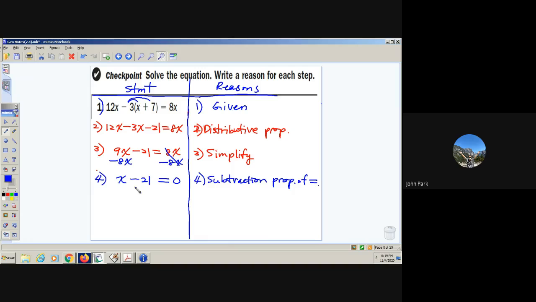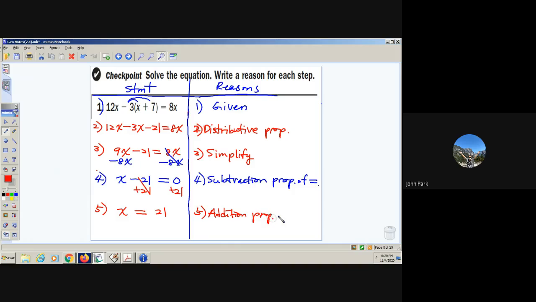So then the next step should be easier, right? So we add 21 to cancel that out on both sides. So now we're adding 21 to both sides. So then we get x equals 21. That's our solution. So we got to the solution to the end by adding 21 to both sides. So that's the addition property of equality.